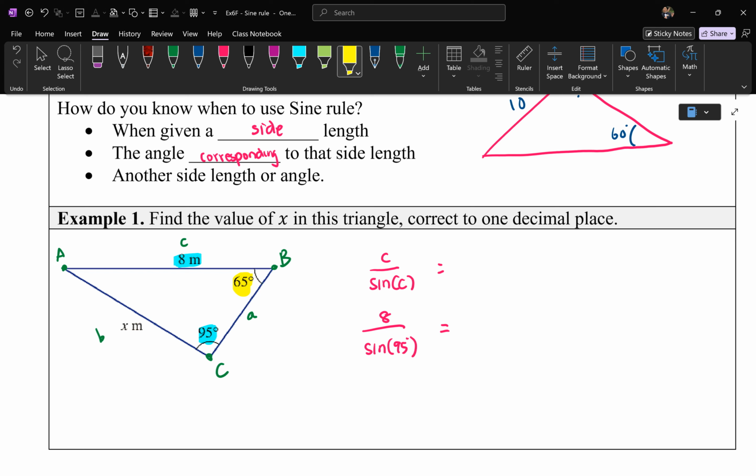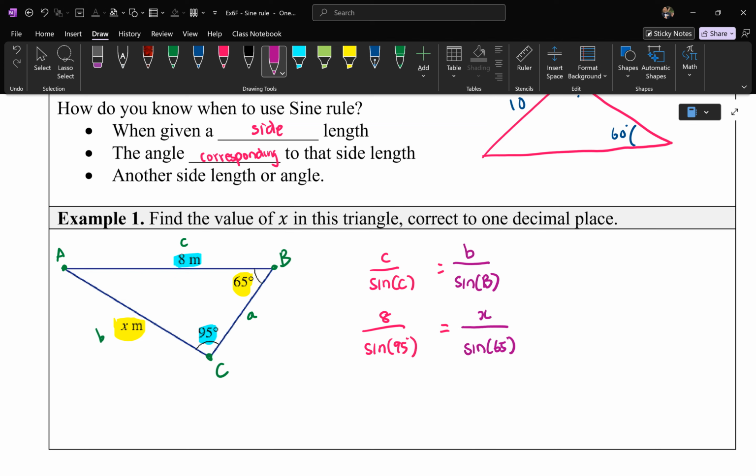If they don't do that, you can't solve it. So here, they've given me little b to find out, and they give me big angle B to solve. So I've got little b, which I don't know, divided by sine big B. In this case, big B is 65 degrees, so sine of 65. And this is x.